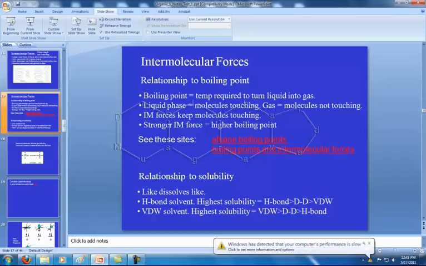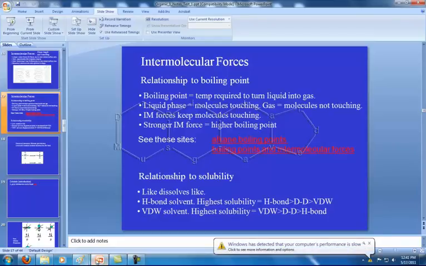So what we're looking at here is the energy required to have the molecules that are touching as a liquid turn them into a gas where the molecules are no longer touching. And what actually keeps the molecules touching are these intermolecular forces that we've been discussing. And the key concept here is that the stronger the intermolecular force, the higher the boiling point is going to be.